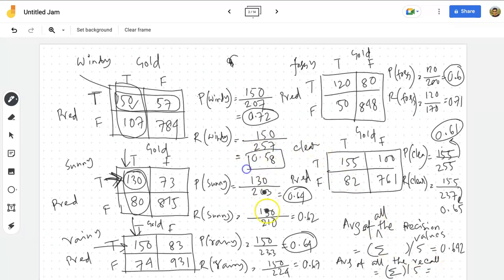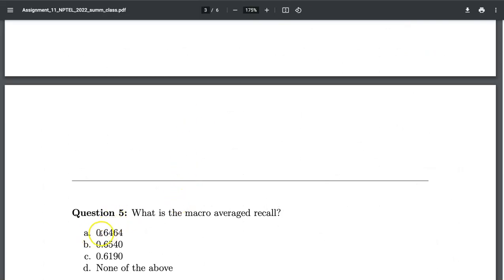This one, the square boxes, this one, this one, this one, and this one. If you sum these recall values and divide by 5, it will give you 0.646, something like that. So the first option will be the correct answer.